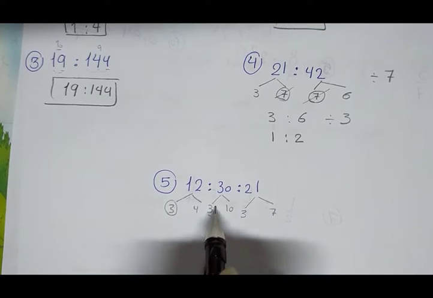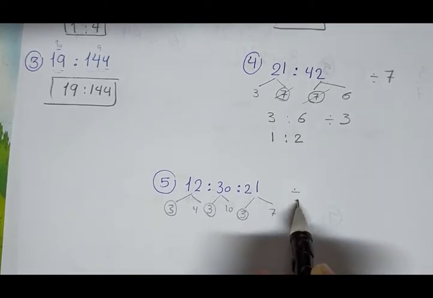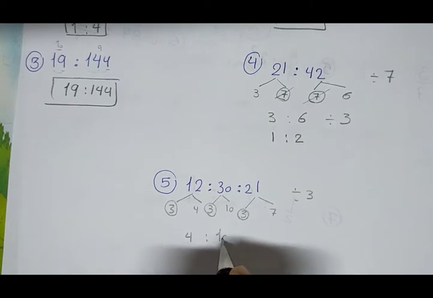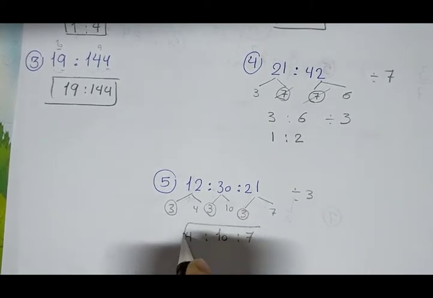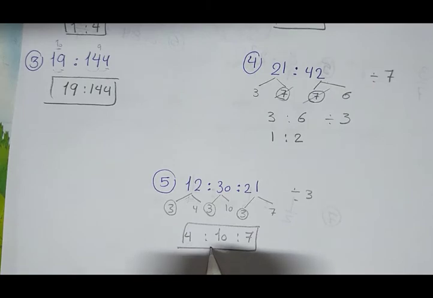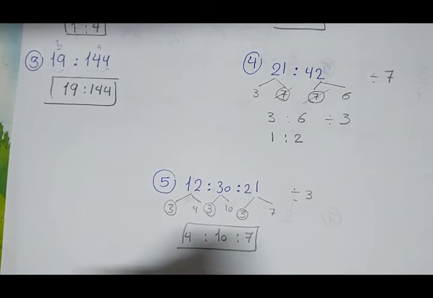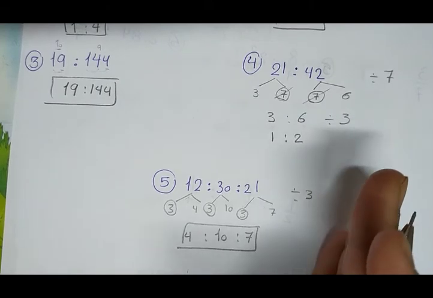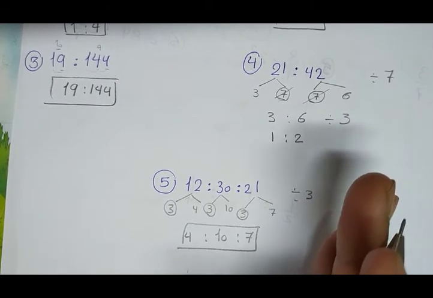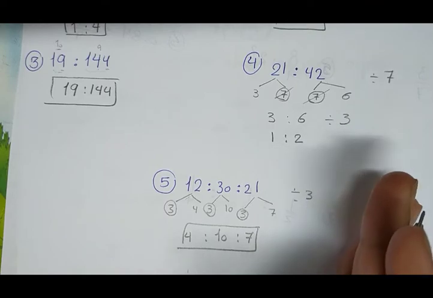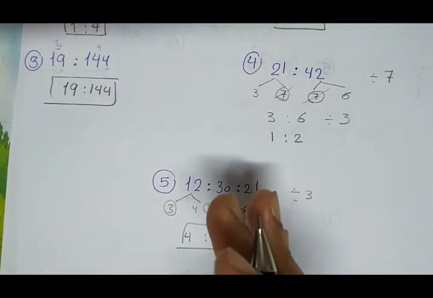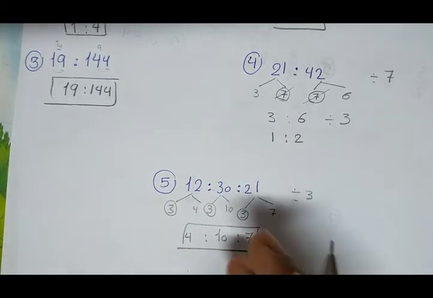The repeating 3 can be simplified by dividing by 3. Dividing by 3 gives 4, 10, and 7. So the simplest form is 4 to 10 to 7. It's easy. This is the first property of ratio: put the terms of the ratio in simplest form like a fraction in reduction.